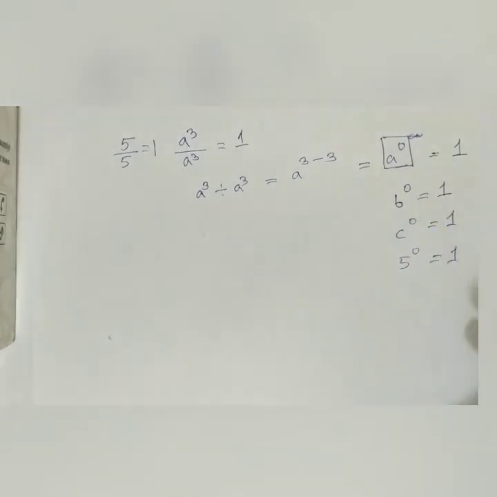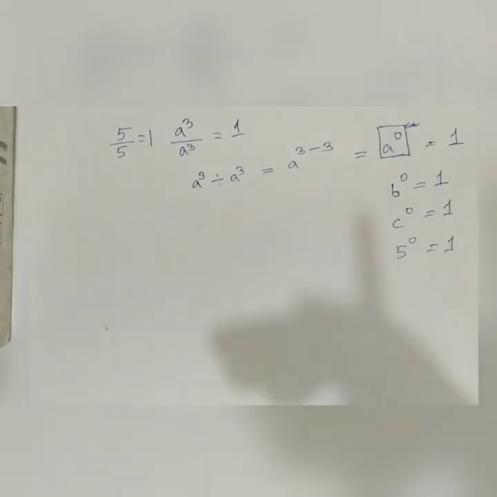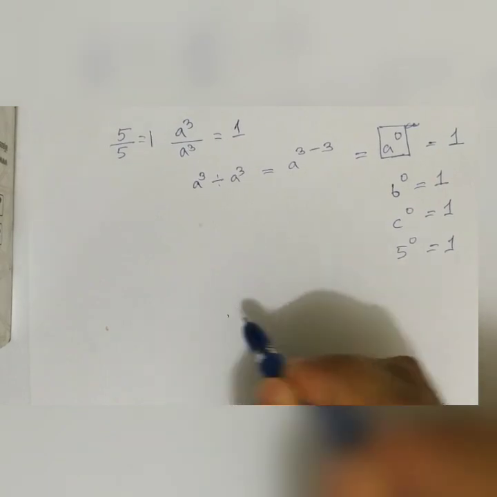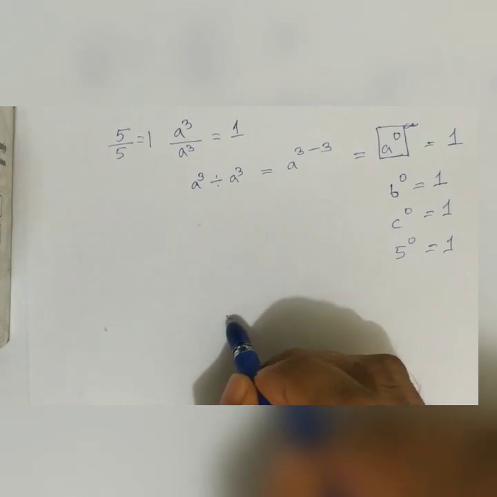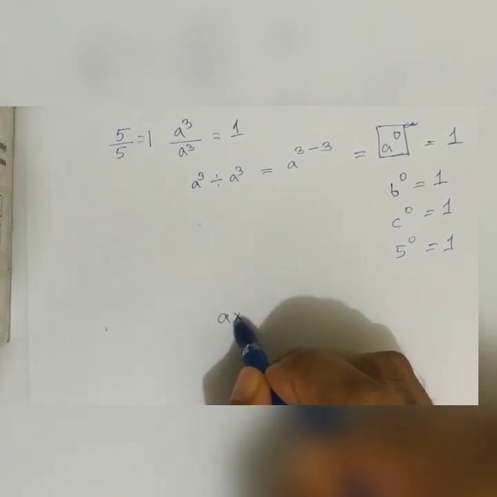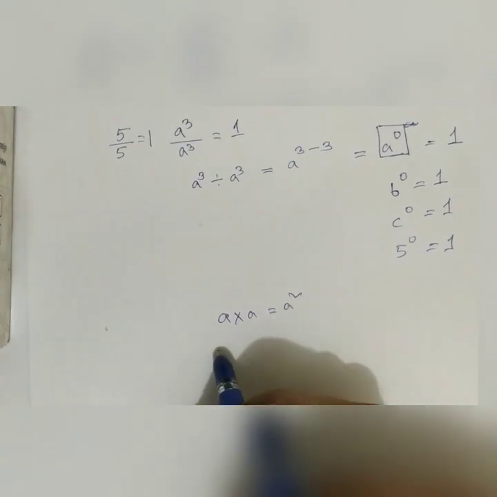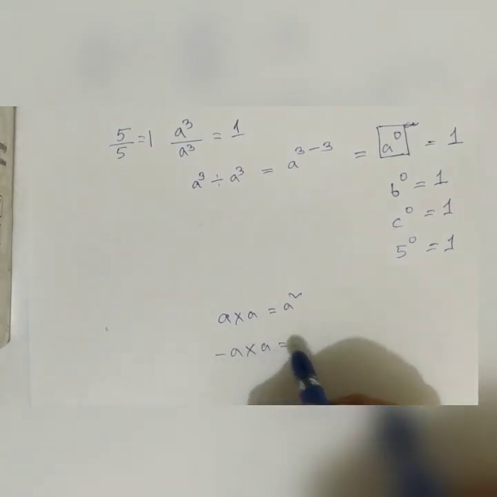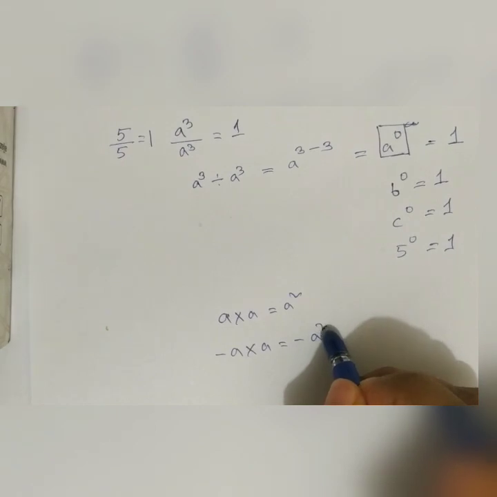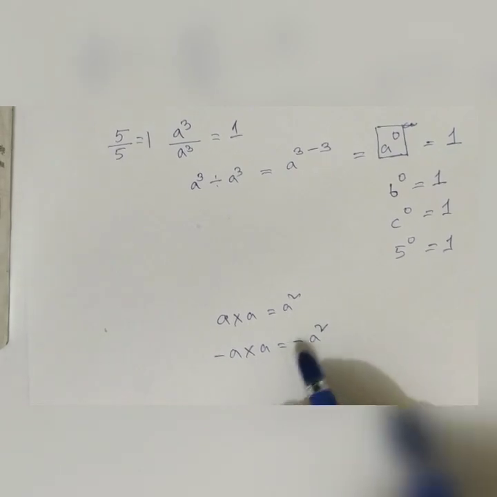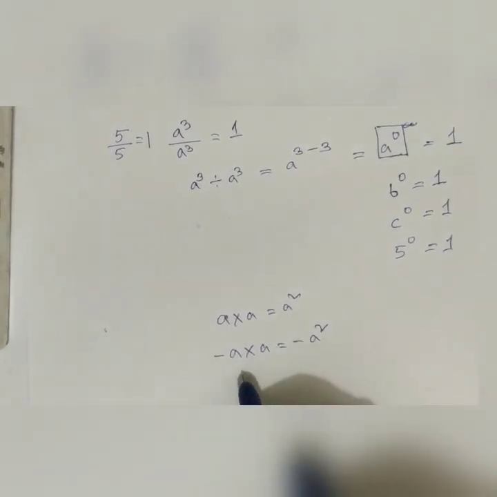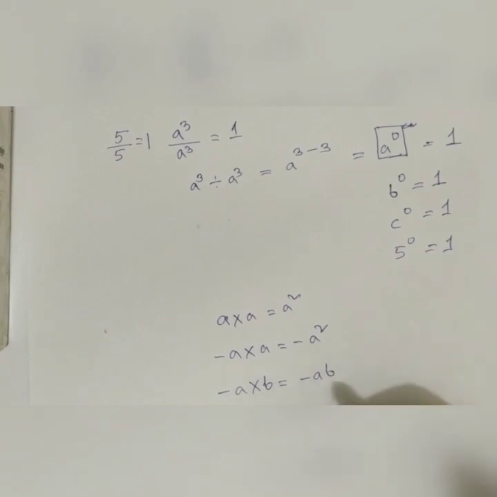Also, now we will consider the signs. Remind yourself, before when we used to multiply algebraic expressions, a into a, we got a square. If we multiplied minus a into a, we got minus a square, right? Again, if we multiply minus a into b, we got minus ab.